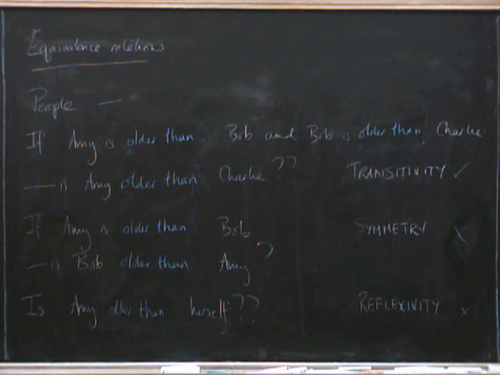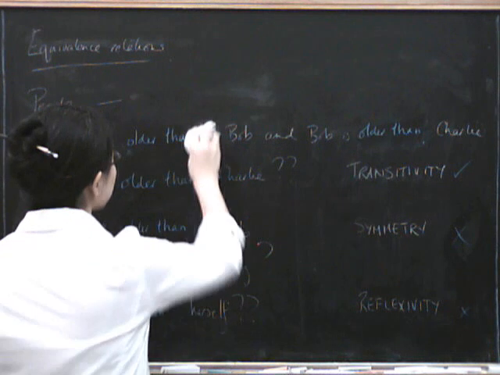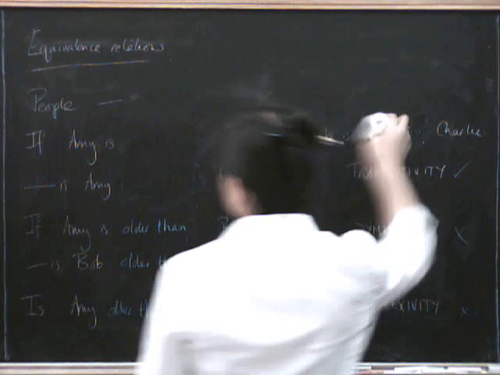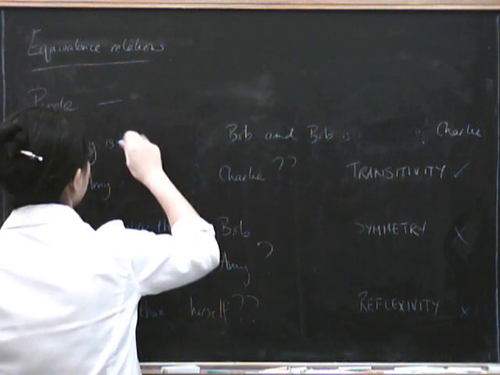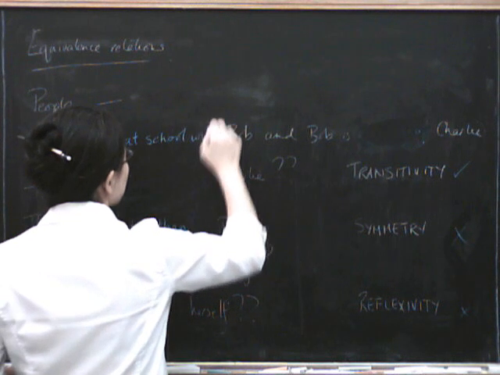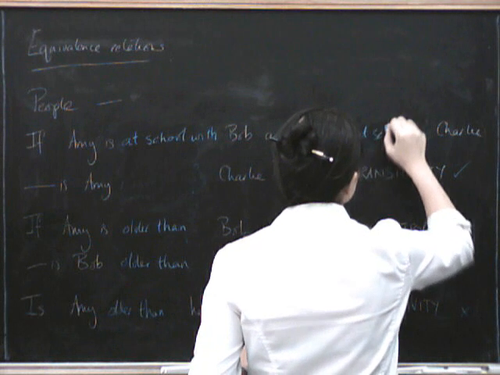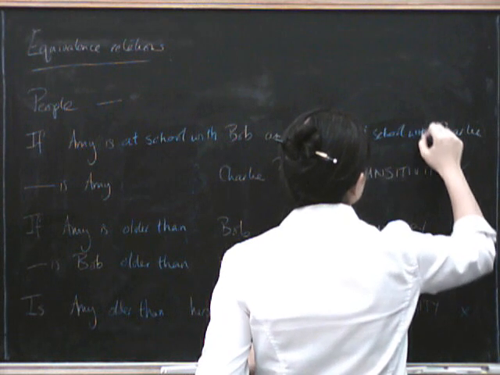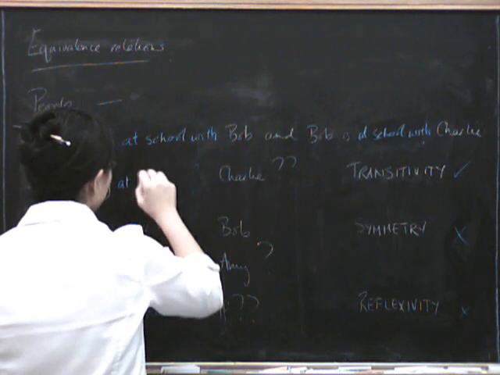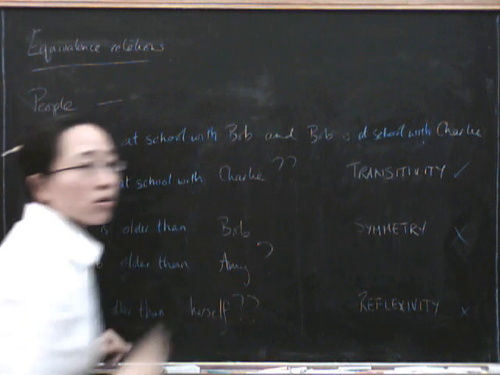So let's try instead being at the same school as someone. So if Amy is at school with Bob, and Bob is at school with Charlie, does that mean Amy is at school with Charlie?